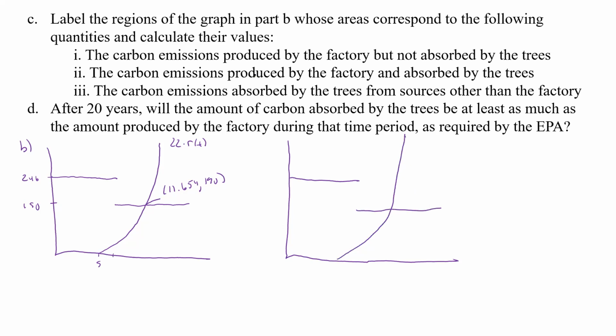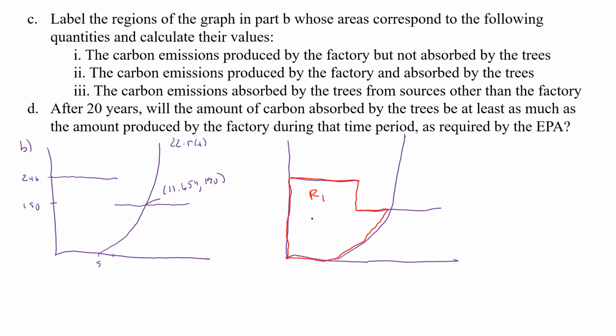All right, so the carbon emissions produced by the factory but not absorbed by the tree. Well, that's going to be anything above our lines. So if we do this one in red, it's going to be everything from here down to here, over to here, and following that. So that whole area is going to be region 1.